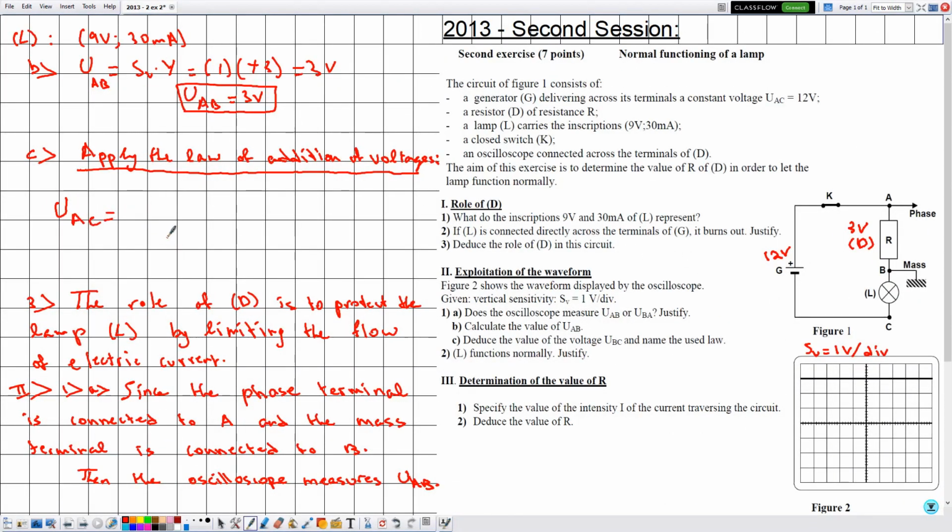and on the right, on the other side, we write the voltages across different electric components, starting from A and ending with C, then from A to the point B, and from B to the point C, and we are interested in calculating the value of UBC.